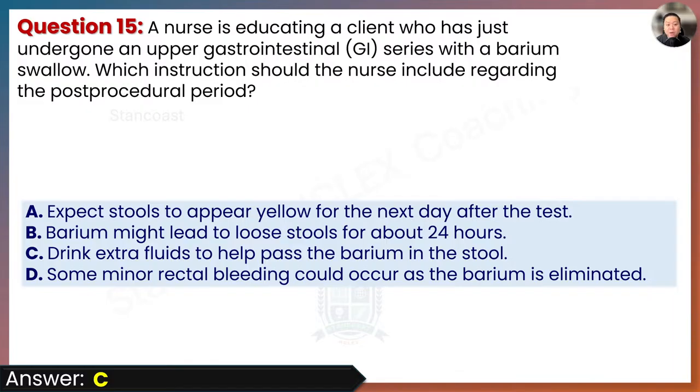And so drinking extra fluids is the most important post-barium swallow instruction, because the barium sulfate is a chalky substance that can thicken their stool. It can also increase the risk of slow fecal transit. It can lead to constipation and impaction.